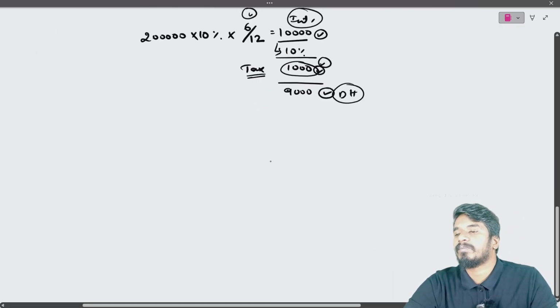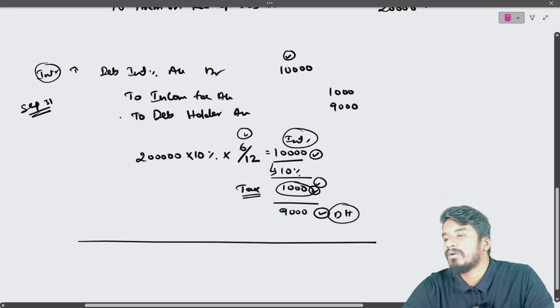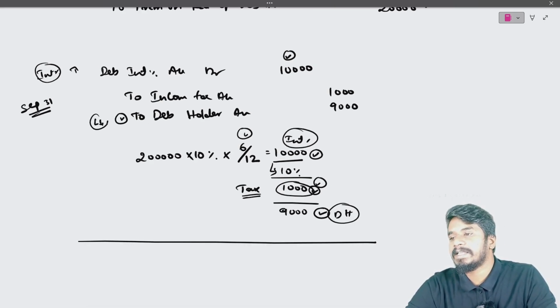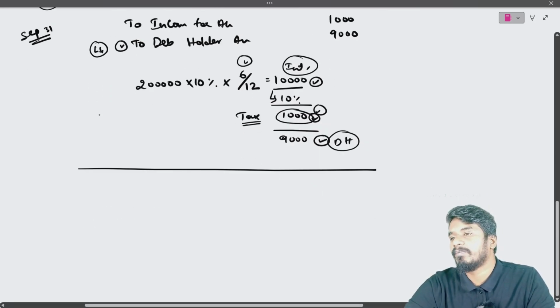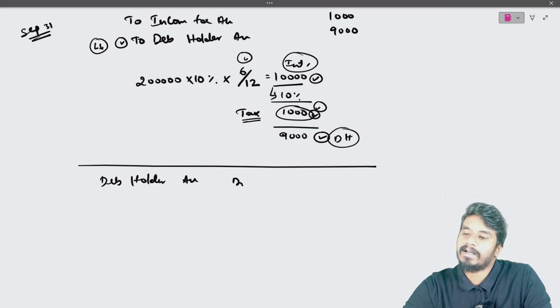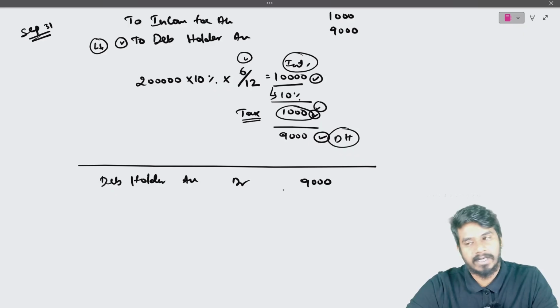So at the time of payment to the debenture holder, what will we do? Debenture holder will get debited. Why? Liability is decreasing, right? At the time of payment. So debenture holder account will get debited. For how much? We need to pay 9,000 rupees. Correct?